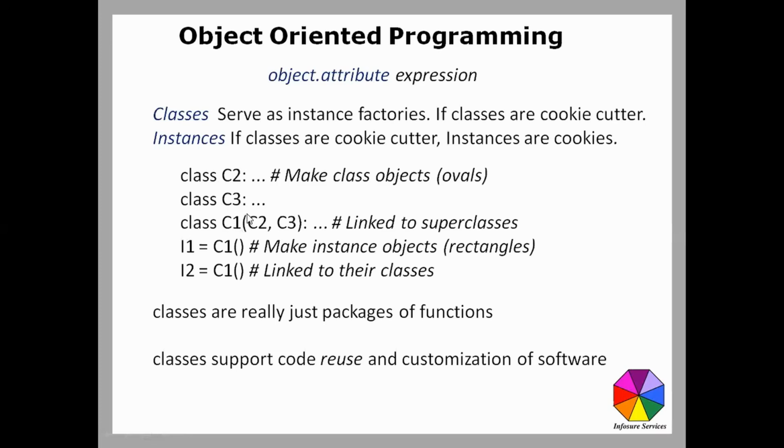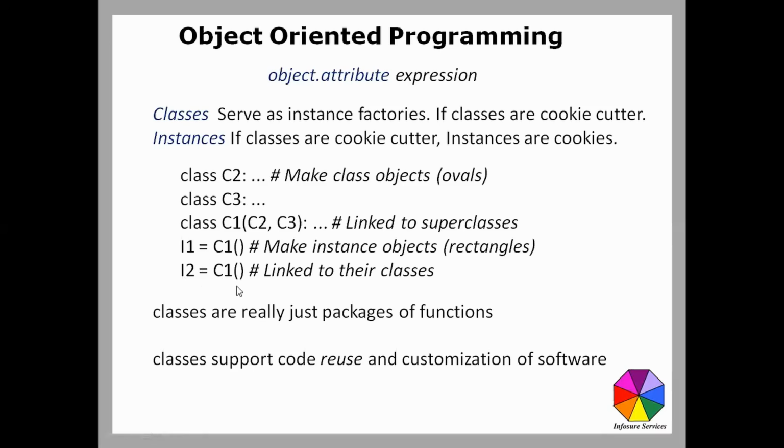Class C1 within brackets C2 and C3 is the inheritance concept, and we'll come to inheritance. But here, L1, an object, is equal to C1. L2 is equal to C1 as well. So L1 and L2 are separate objects.